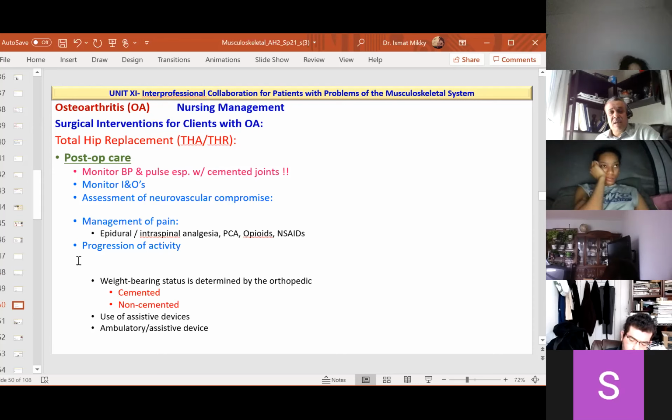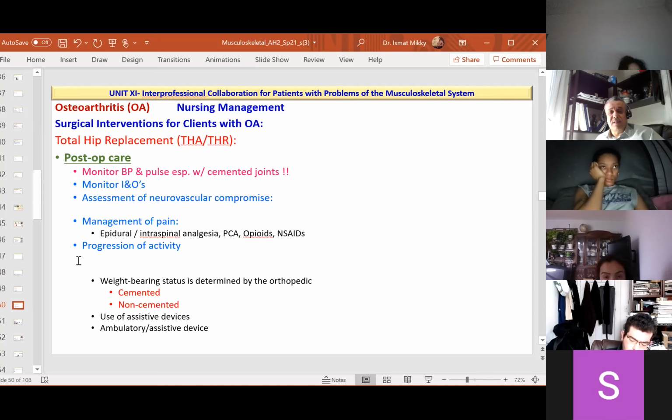The other orthopedic surgeons will use the non-cemented method. For the cemented method, because of the use of that chemical, the patient post-op will have either partial weight bearing or full weight bearing.